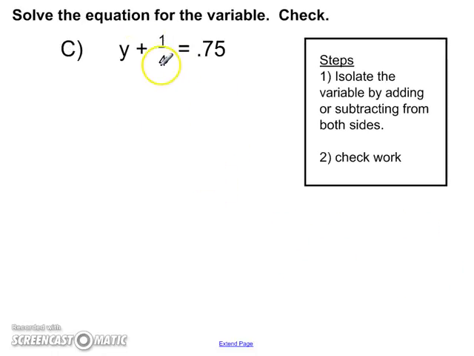In this particular case, you'll notice we have a fraction and we have a decimal. Now this one here probably is best to go ahead and change to a decimal. 1/4 is 0.25. So if I rewrite my equation using all decimals, now isolate your variable and get rid of your plus 0.25.